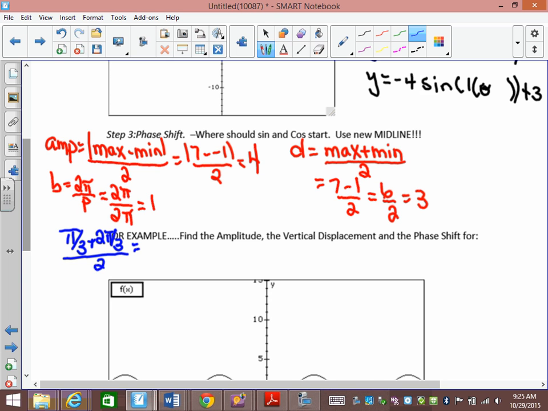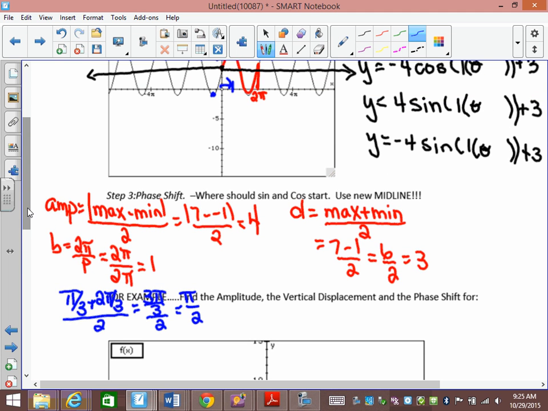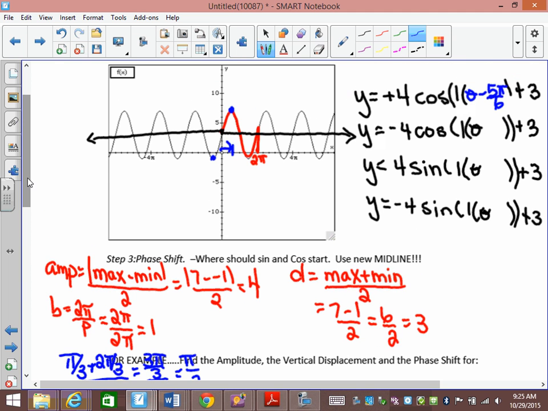So that would be 3 pi over 3 divided by 2. Oh, look at how nice that's going to turn out. Pi over 2 is what it should be, not 5 pi over 6. Pi over 2. Because you're just finding the average, right?